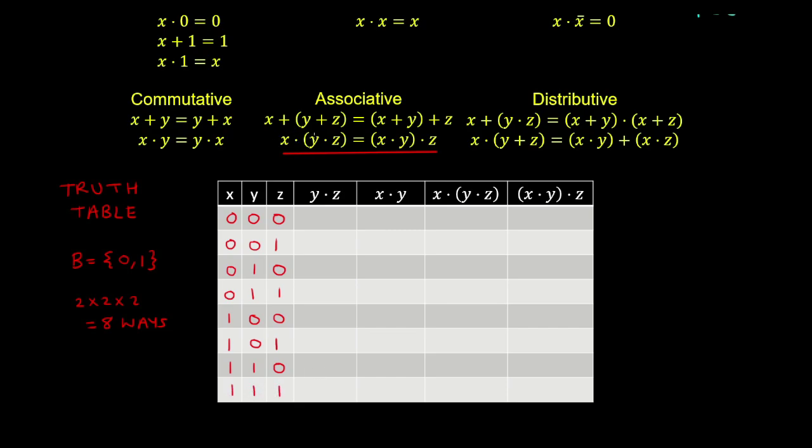So given we're proving this associative law, we're going to break this up into y and z, and x and y, and evaluate the entire expression in the last 2 columns.